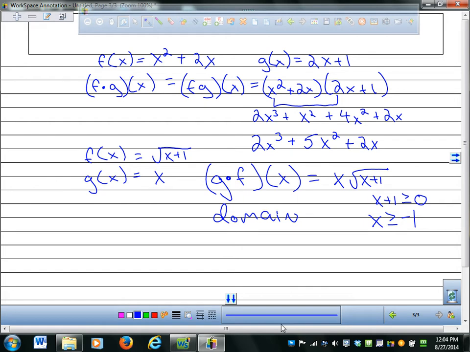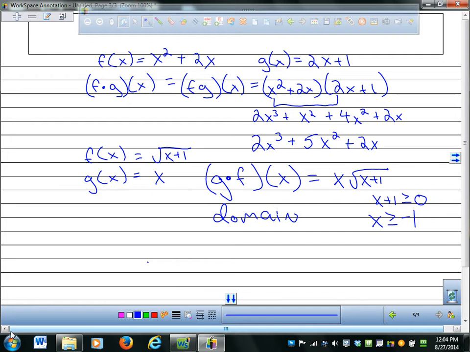Now, in some cases, it gets tricky, but we'll worry about that when we get to the compositions of functions, which is the next thing. And then I didn't do a division one. I could do a division.